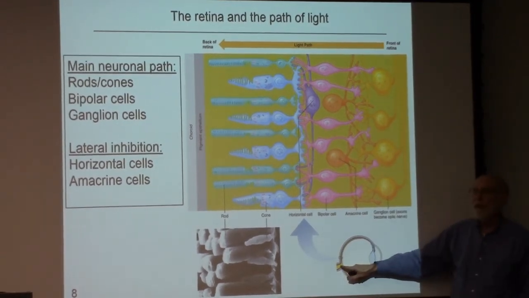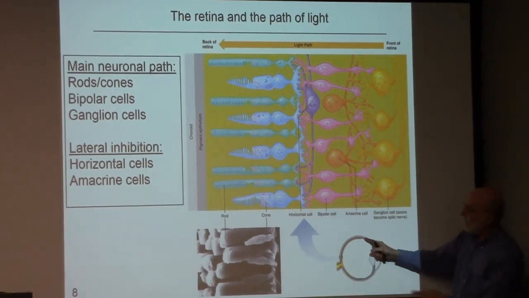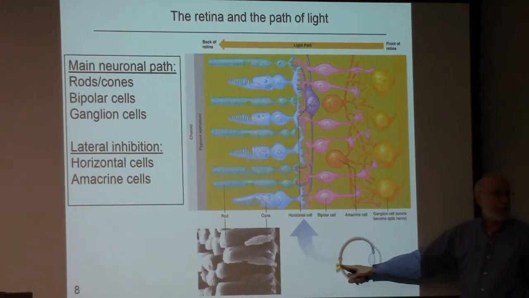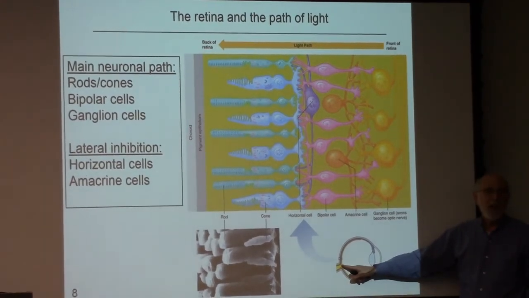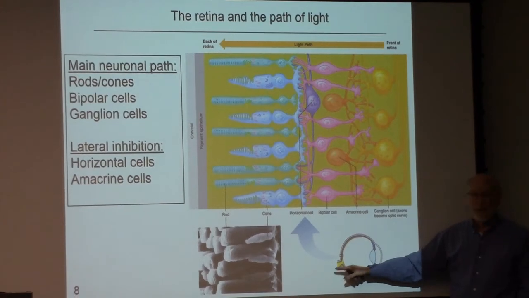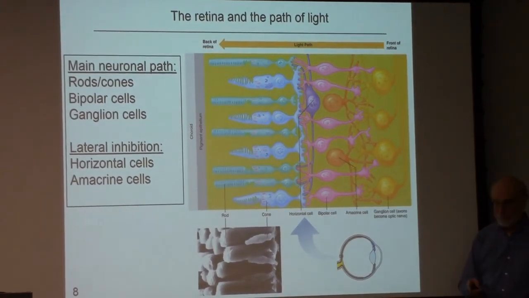So there's a spot right here where there are no rods and cones. There are only axons of the ganglion cells that are collected here to go out the back. And so that's the blind spot. The blind spot is where the optic nerve is. That's not where the fovea is. The fovea is a few degrees away from the blind spot.